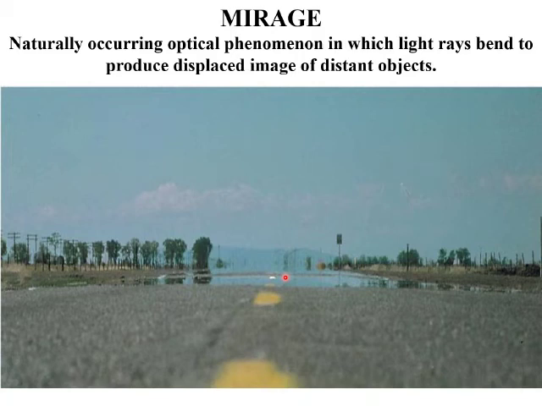So in this way we are harming our own wildlife and our environment, and we should try to protect it and not build tar roads in forests. So these are a few examples of mirage, which are an optical illusion on account of the bending of the rays of light, and they produce the displaced image of distant objects. Let us try and see some more examples, and then we will study the reason behind this phenomenon.